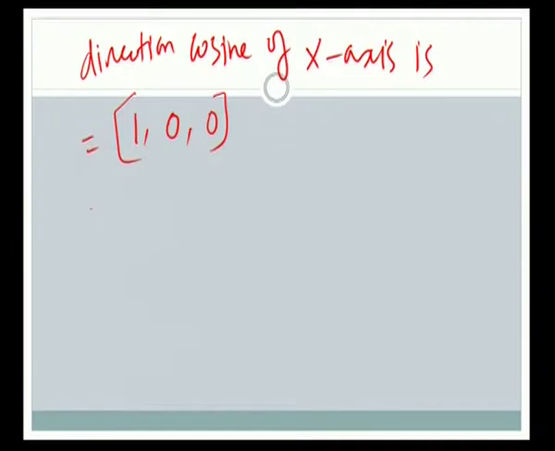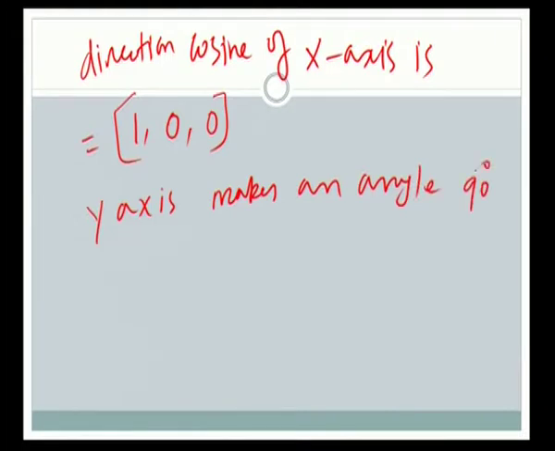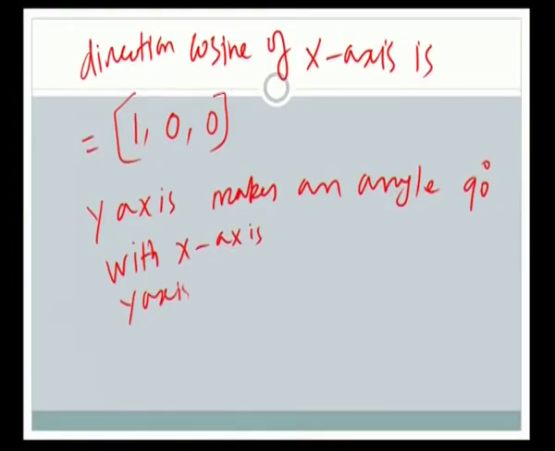Then direction cosine of y axis. You know, y axis makes an angle 90 degree with x axis, or y axis is at 90 degree angle from the x axis, then y axis makes an angle 0 degree with itself.